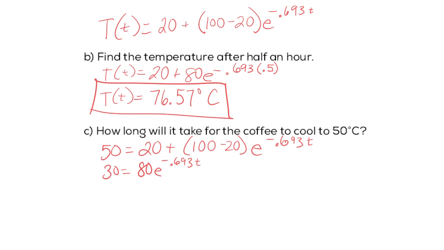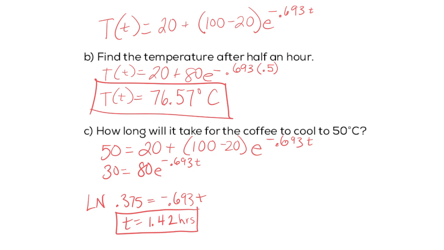I missed my t up there. Divide by the 80. Then switch that to a natural log: the natural log of 0.375 is equal to your exponent. Just let the calculator do the work for you. I'm grabbing full values. I got my time to be 1.42. So how long will it take the coffee to cool to that? That's 1.42 hours.